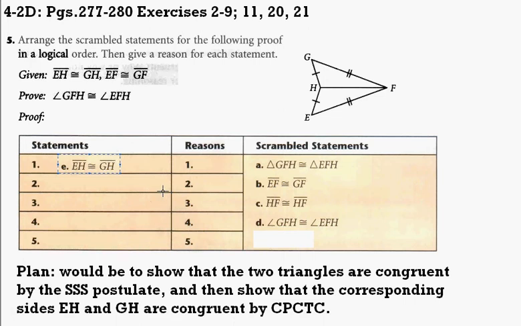We also know that EF is congruent to GF, and that's also a given. So we'll put that in the next statement. Let's just type these in real quick. So the reason for this is given.